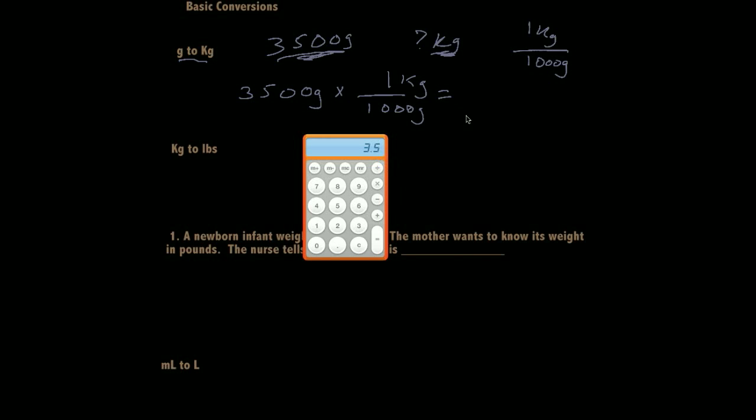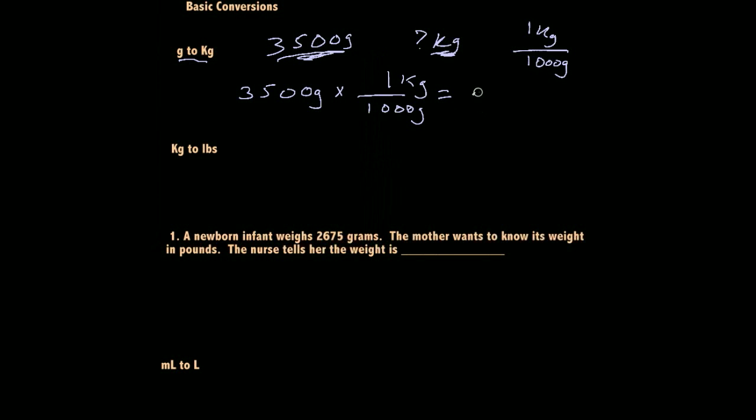It's going to leave us with 3.5 kilograms. This is a weight, so we go out to the thousandths place and round to the hundredths place. It's pretty much solid and done for us anyway, so we don't have to worry about doing that. So this is one way to do this basic conversion.